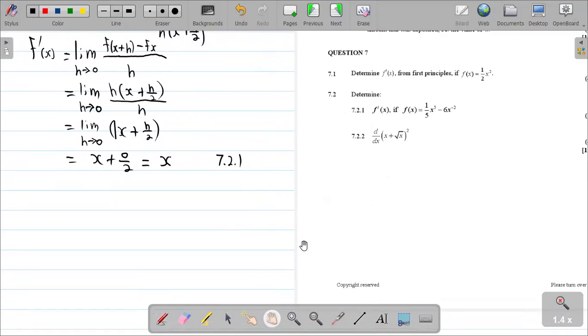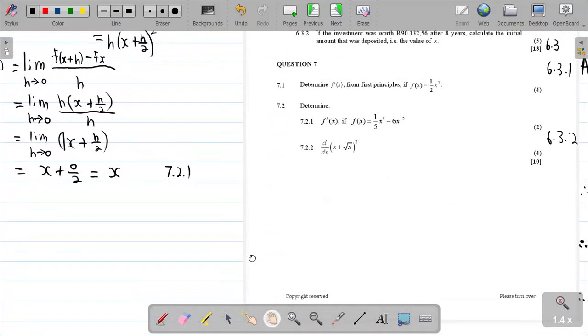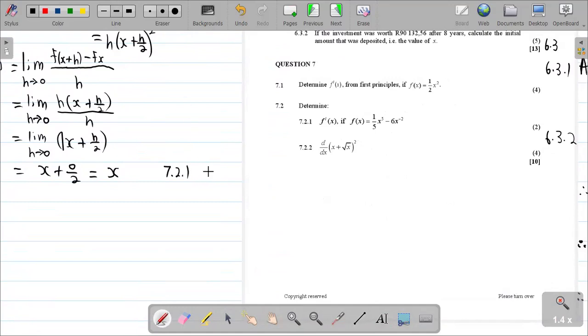So 7.2.1, f prime of x will be equal to 5 multiplied by that is going to be 1, and then 5 minus 1, and then we multiply the two negatives, we get a positive 12, and then 2 minus 1, so it's going to be x to the power 4 plus 12 over x cubed.